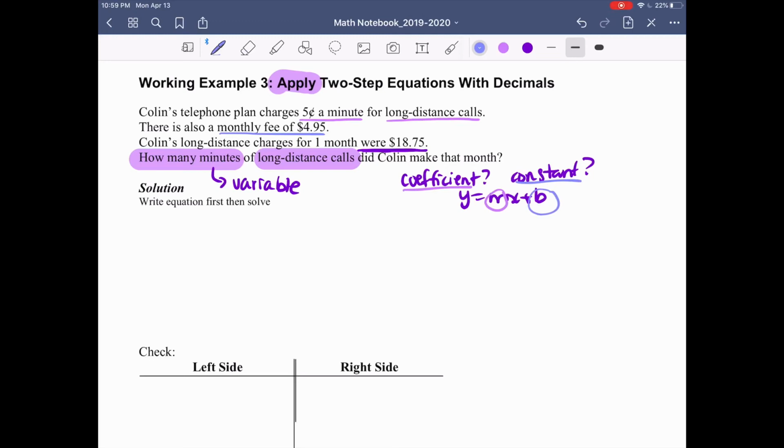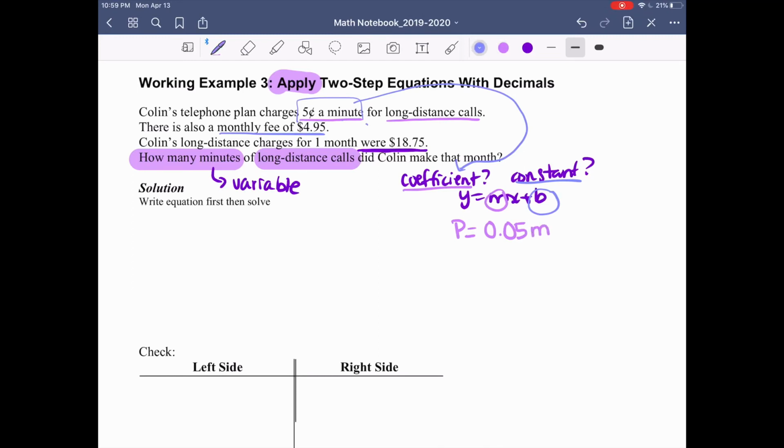Well, the 5 cents per minute would be our coefficient, because what you pay depends on how many minutes you talk. So what he pays is equal to 5 cents, which in dollars is 0.05, times the number of minutes, which we don't know.